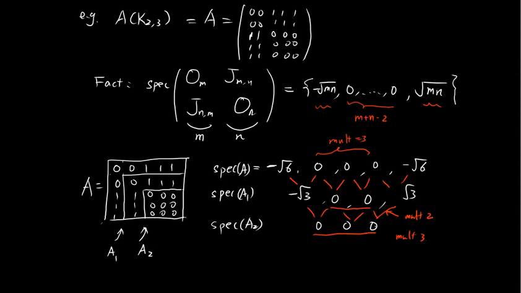Okay, and when you calculate the middle one, for example, this one is greater than or equal to this one, greater than or equal to this one, and this one is less than or equal to this one, this one. So if you know the spectrum of the top one, then you already know that this is always going to be 0.